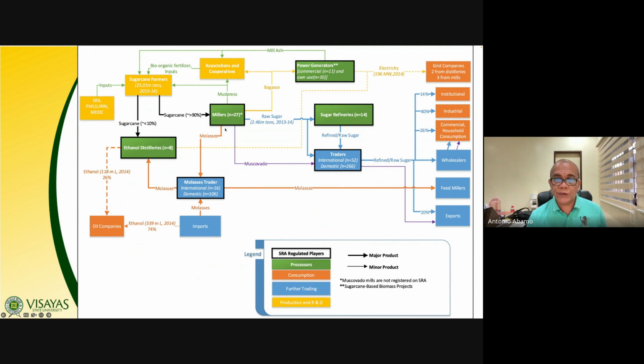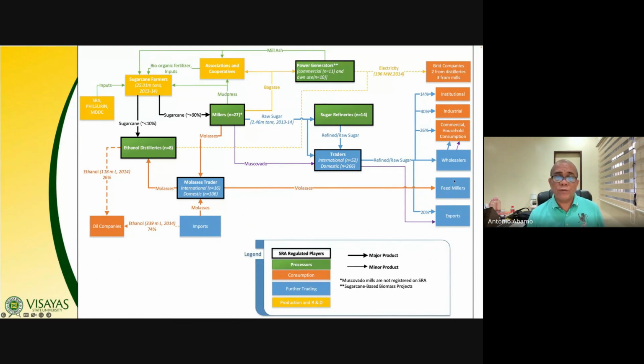It also produces muscovado sugar for international traders, and the bagasse will become either fuel for the engine, or it will be bought by the association or cooperatives as mud press. Then the raw sugar will go to the sugar refineries, where it will be refined for international trading, or it will flow directly to wholesalers, feed millers, and even the export market.